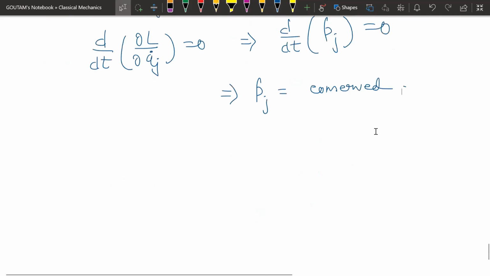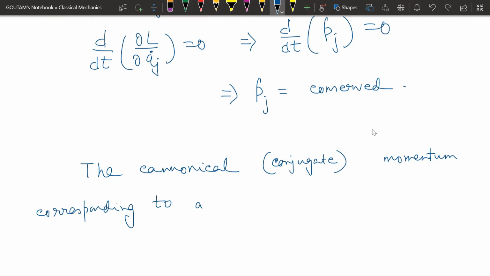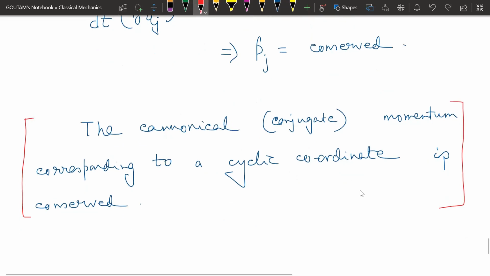It means the canonical or conjugate momentum corresponding to a cyclic coordinate is conserved. This is the conservation theorem of canonical momentum.